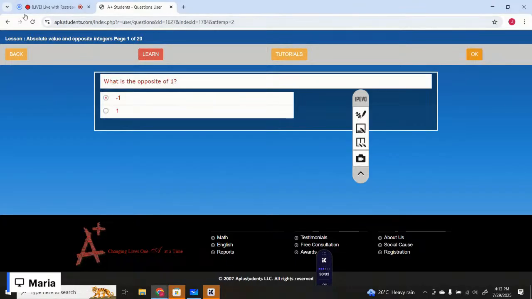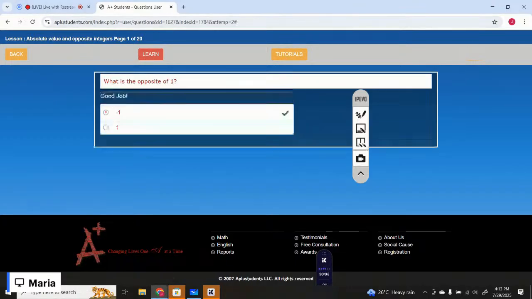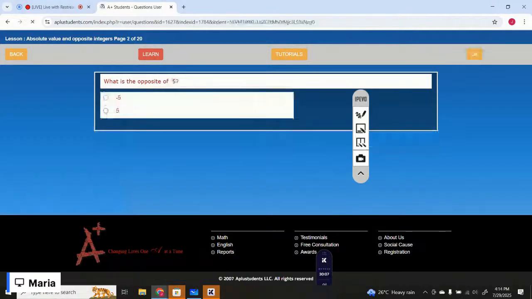Option number 1 is the correct option. What is the opposite of negative 5?